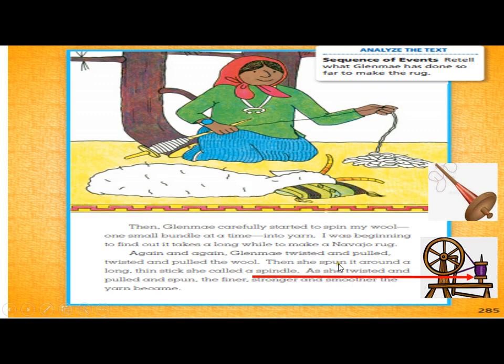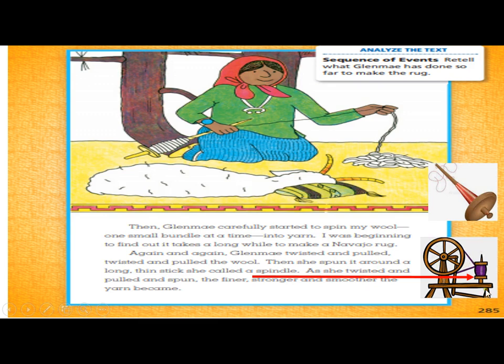Then she spun it around a long, thin stick she called a spindle. This is a spindle. Right now, it's installed on a spinning machine, as you could see, but here she's doing it manually. But usually it was installed on a spinning machine.